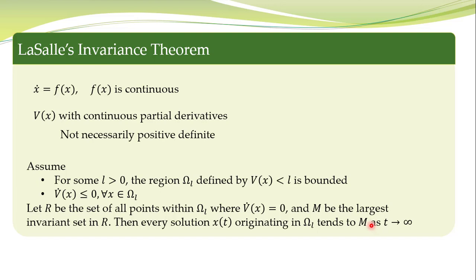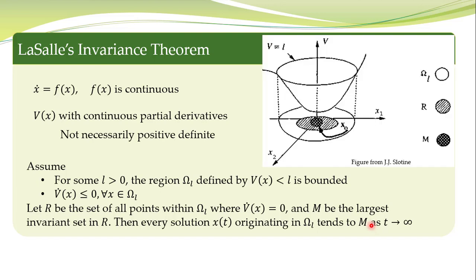This statement is still a little bit difficult to understand, so let's explain it with the help of a diagram. Again we take a simple case, a system with two states, and here is the state space. Now x1 on this axis and x2 on this axis.